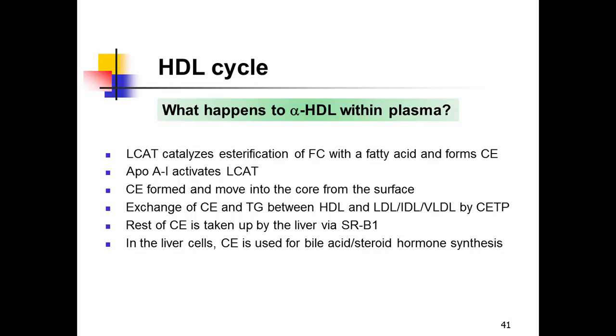All right, so the other thing happening in the plasma is with the alpha HDL. Once alpha HDL gets enough free cholesterol and phospholipids from the peripheral cells, in the plasma the free cholesterol needs to be re-esterified to cholesterol ester in order to be internalized to the core, to the inside of the HDL, right?